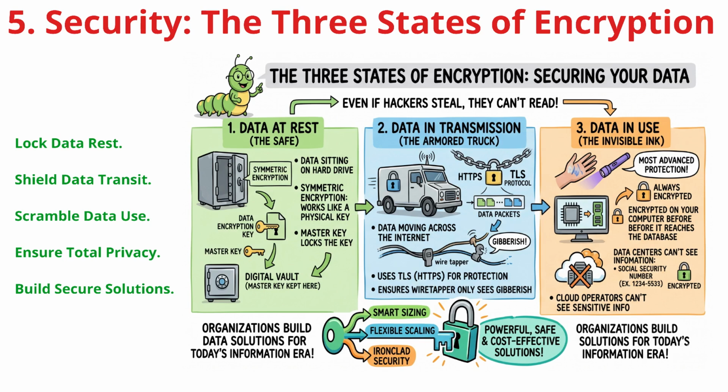And in use, the most advanced stage where data is like invisible ink. Features like Always Encrypted scramble information even while it's being processed in memory, ensuring that not even cloud operators can see your most sensitive details. By combining this ironclad security with smart sizing and flexible scaling, organizations build powerful, cost-effective solutions for the modern era.